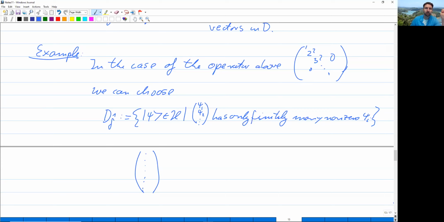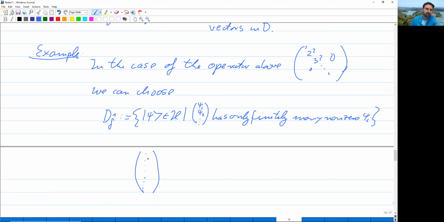Why does this help? Well, if our matrix acts on a column vector that has only finitely many non-zero entries, then clearly the vector that you get is still of finite length, because we only have to sum up a finite number of terms. So we are fine, it's still in the domain. And yet, this domain is big enough, because no vector in the Hilbert space can be orthogonal to all of these.